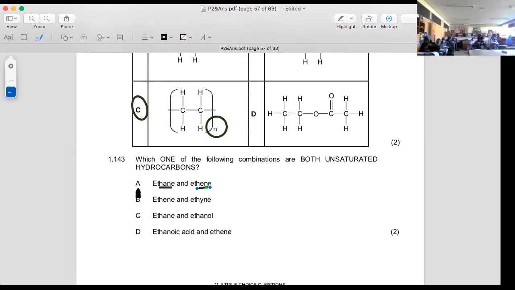No. Who says it's B? Who says it's C? Who says it's D? So what are we looking for? Ene and yne are both double and triple bonds. That makes it unsaturated. What is unsaturated? It's got more than one bond between the carbons. So the answer is B.